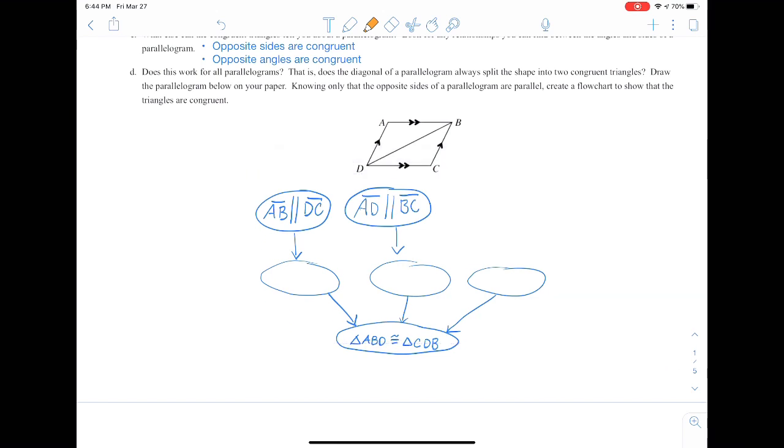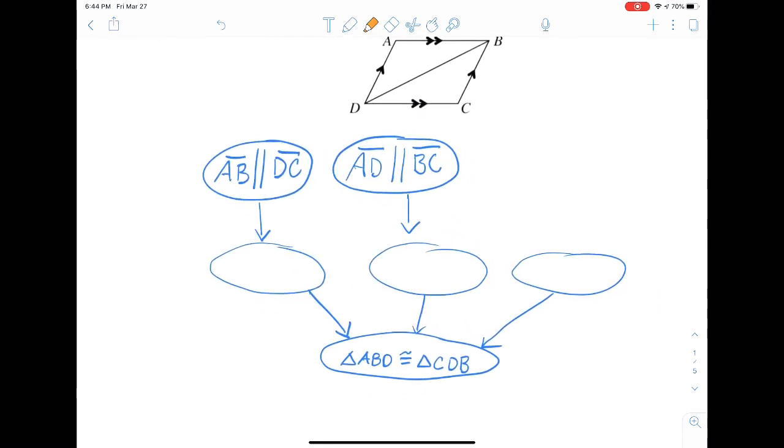Now you'll notice that the three inside bubbles in the middle are missing their content. I would like you to fill those in. First, let me remind you that a flowchart is simply a series of if-then statements. Let me show you what I mean. We start at the top, and we're saying if side AB is parallel to side DC, then the arrow is the then.